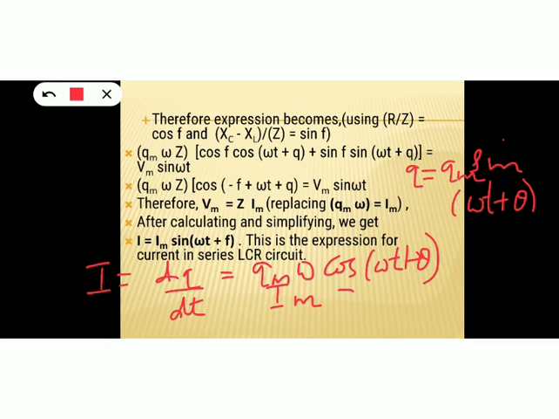So here again we can make the substitution. So our current I is equal to im cos omega t plus theta.